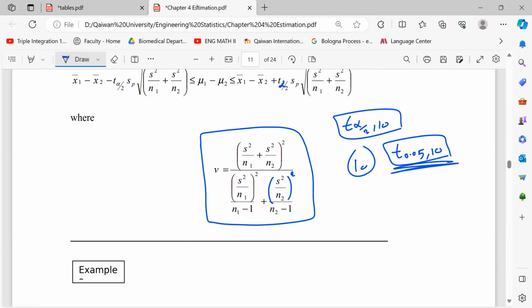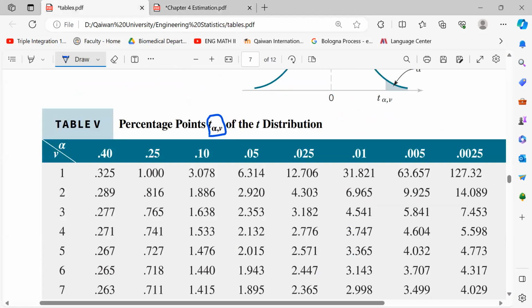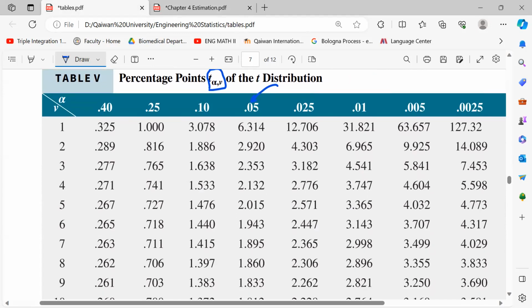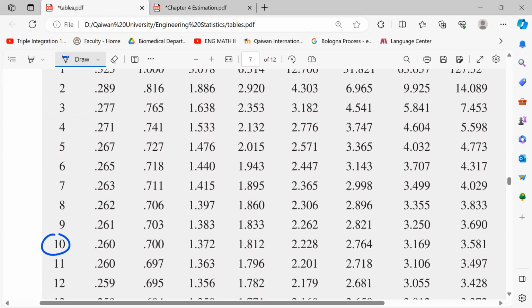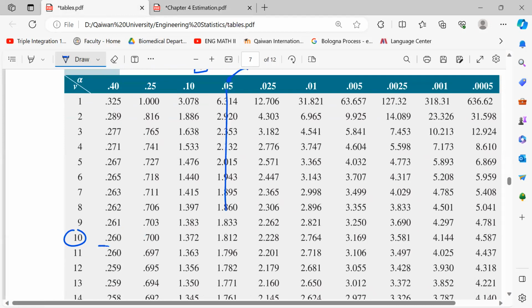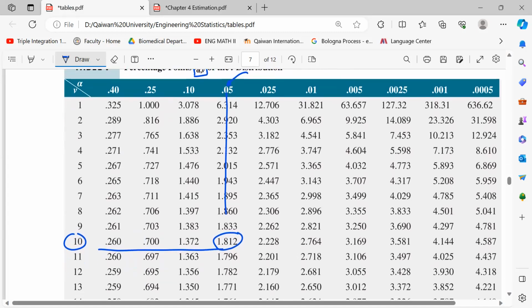Now, we have T of 0.05 and 10. Let's look for 0.05. That's it. And 10. This is V. We look at V in the first column. Now, it equals 1.812. That's how to use the T table. V is the degree of freedom. We must have the degree of freedom to get to something.